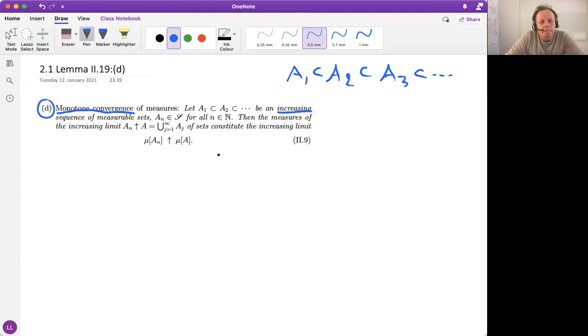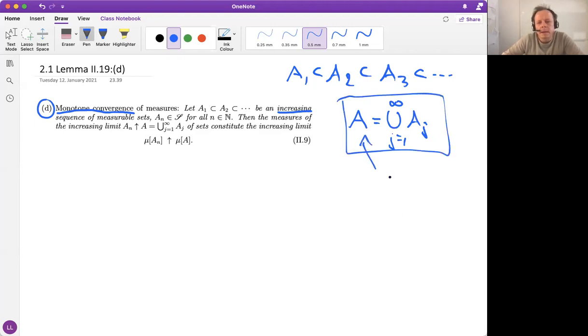And the claim is that we denote A as the limit of this increasing sequence. So A is the union over j from 1 to infinity of Aj. This is the increasing limit in terms of set theory.